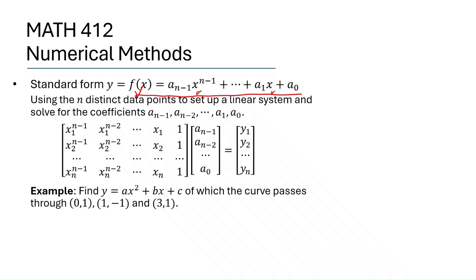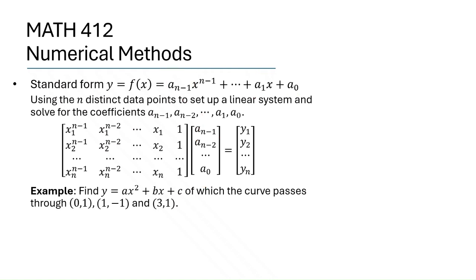The unknown things are the coefficients. We have n coefficients to determine. We use the n given data points. We can set up such a system. Okay, it's linear. Don't imagine the power could be large, because they are constants. It's this part that's unknown. So it's still a linear system.